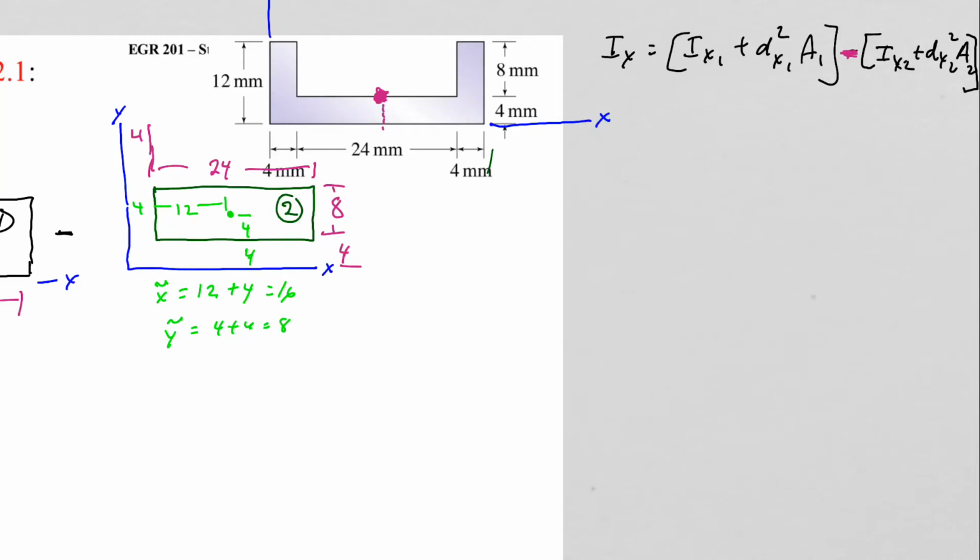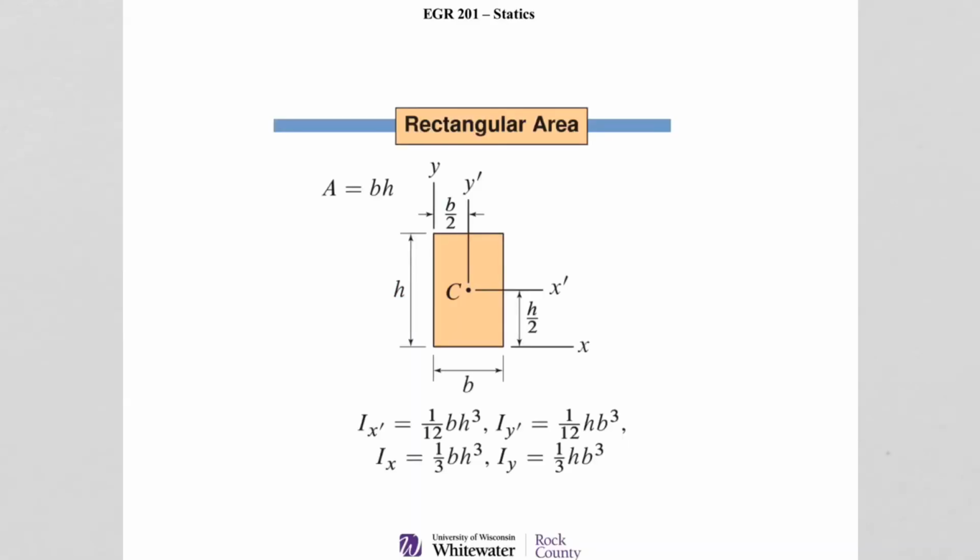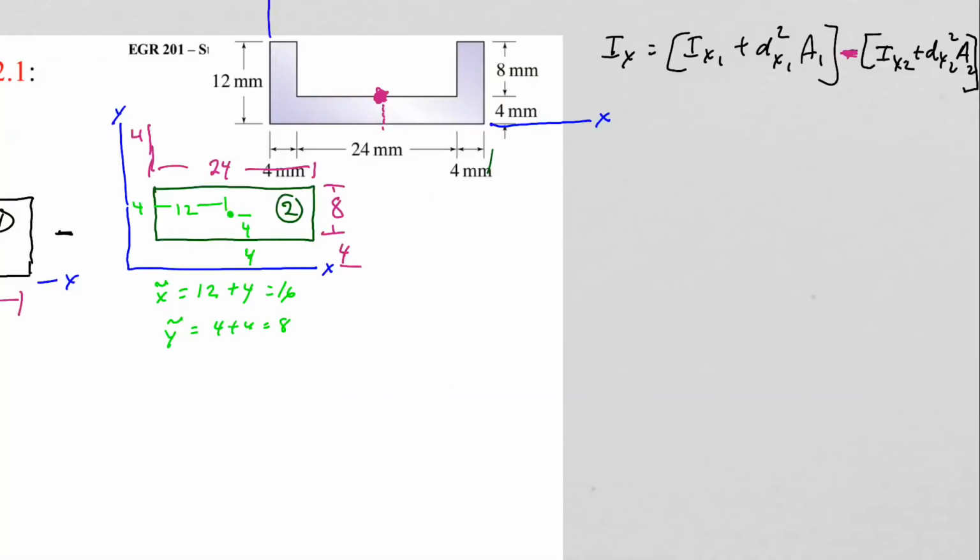All right, so if we look on the next sheet in the back of our book, we can find through the centroid, this x prime, our equation of 1/12 base times height cubed. I always think of the base as the axis that I want to go around, so that's my base and my height cubed. So let's plug this into our equation.